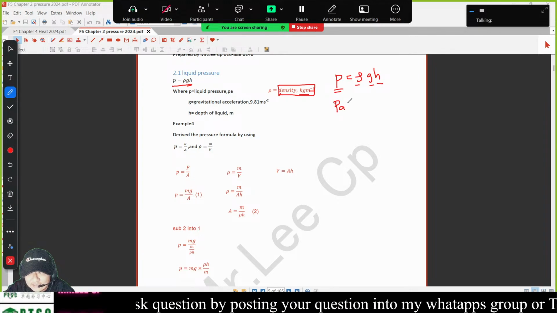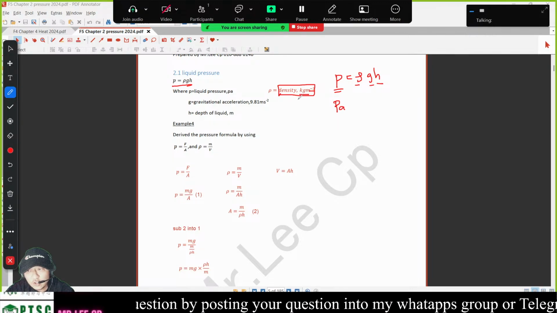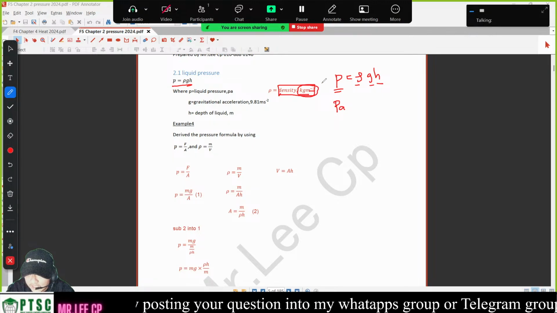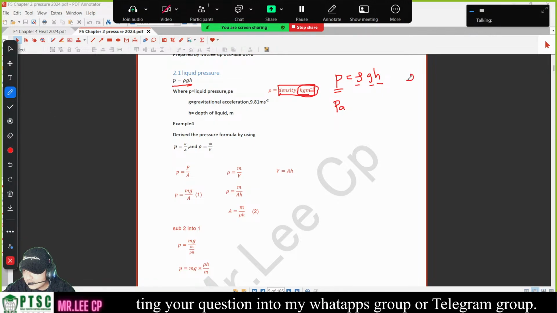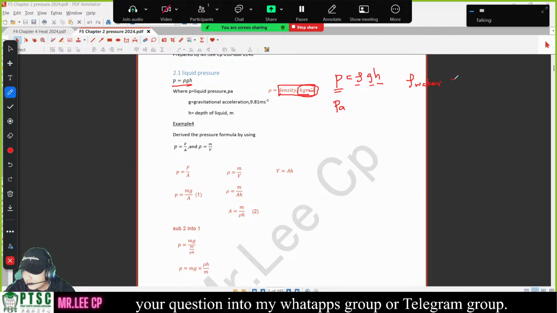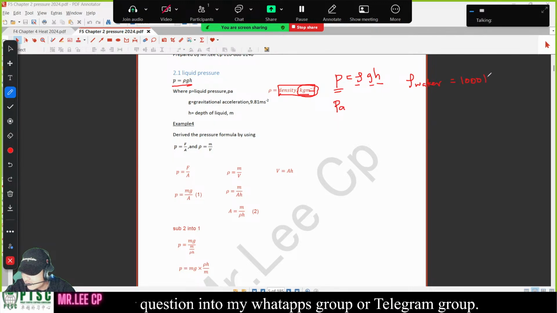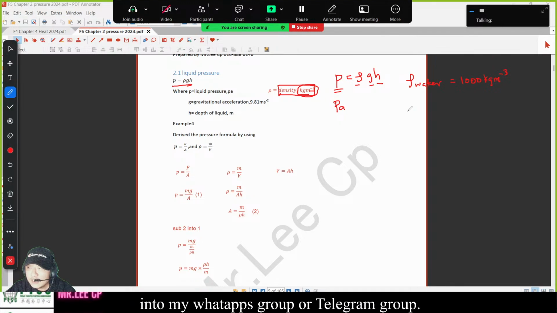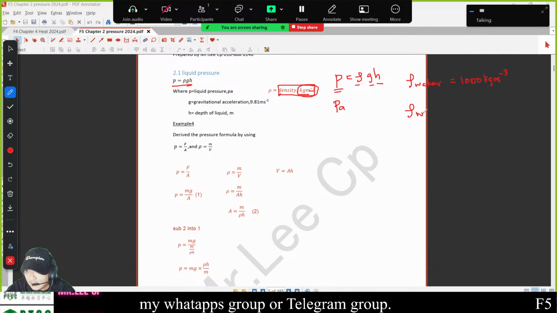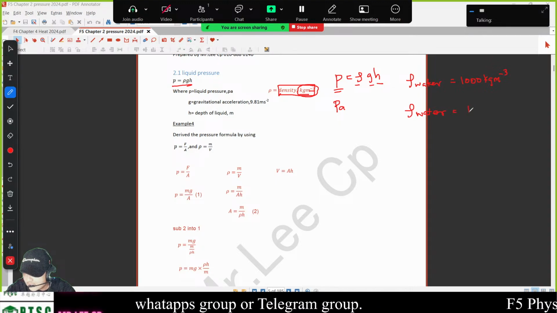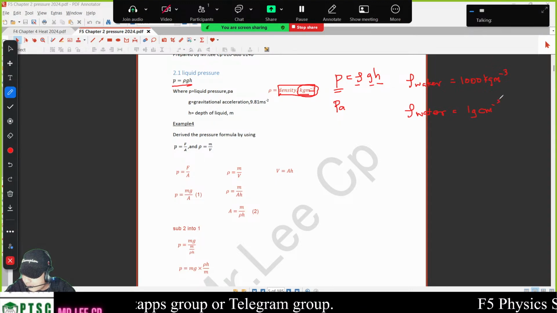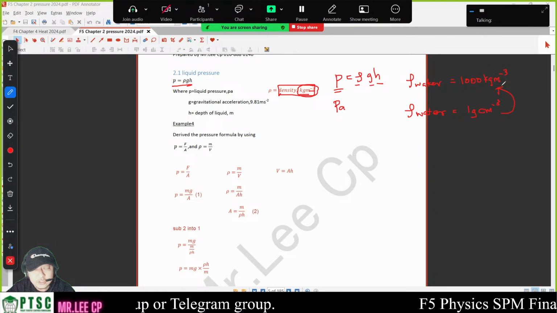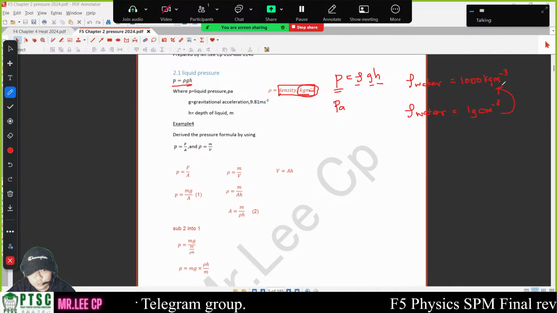If they don't give the unit like this, for example the density of water is 1000 kg per meter cube, but they give you 1 gram cm minus 3, make sure you do the conversion at the side.